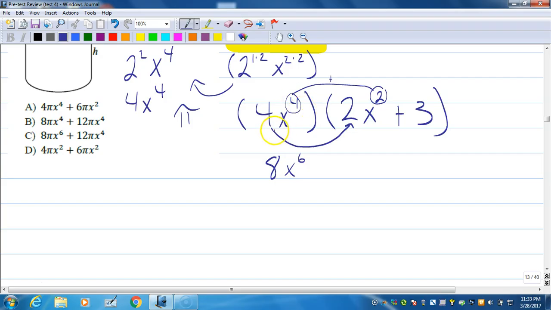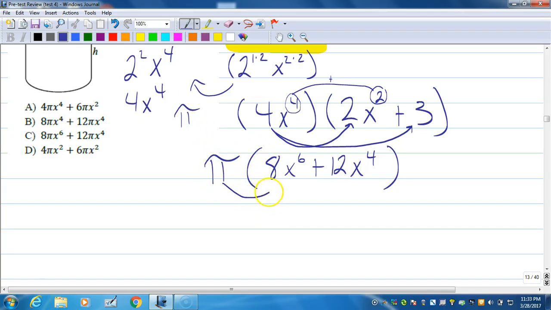Now we're going to multiply the 4x to the 4th times 3. 4 times 3 gives us a positive 12. This doesn't have an x, so I'm just going to bring down my x to the 4. And then pi. Don't forget the pi. Bring it down. So then pi goes multiplied in here. And you don't put 8 times 3.14.